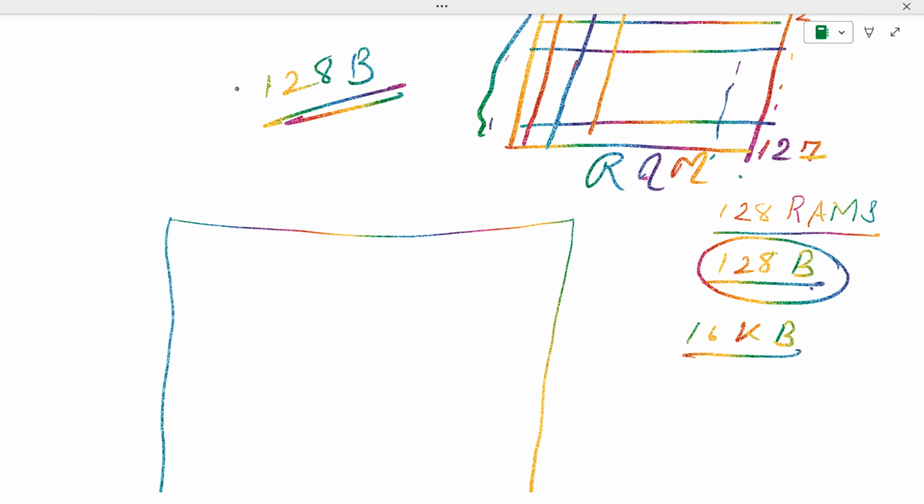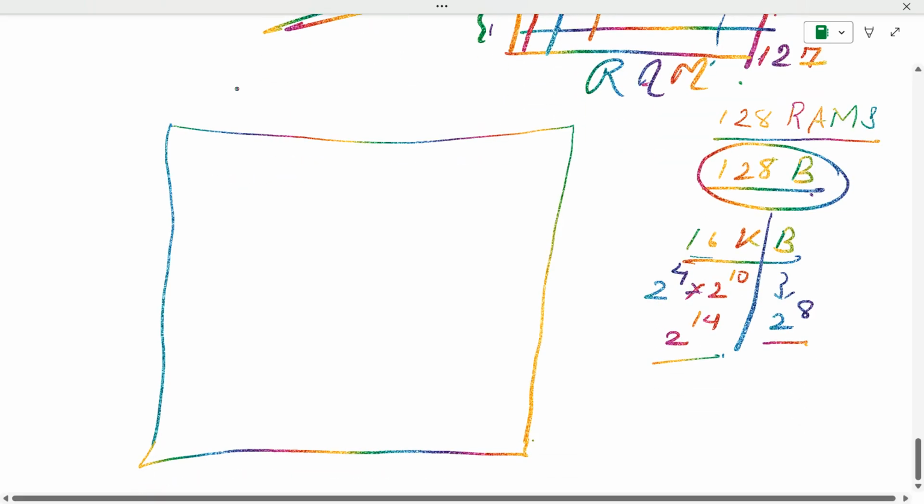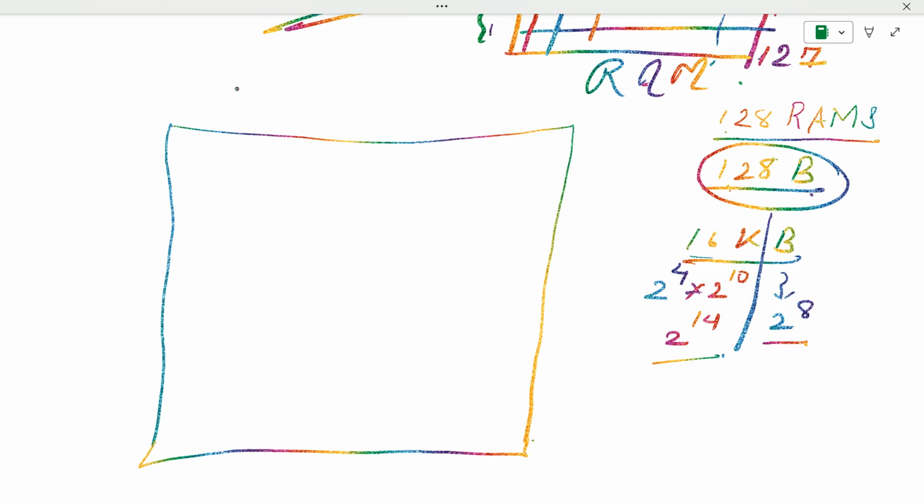Now you see here, 16K means 2 raised to the power 4 into 2 raised to the power 10, that is 2 raised to the power 14, and each RAM is 2 raised to the power 7 bytes. So we can constitute it like this: each RAM holding 128 bytes of memory, and there are 128 RAMs.